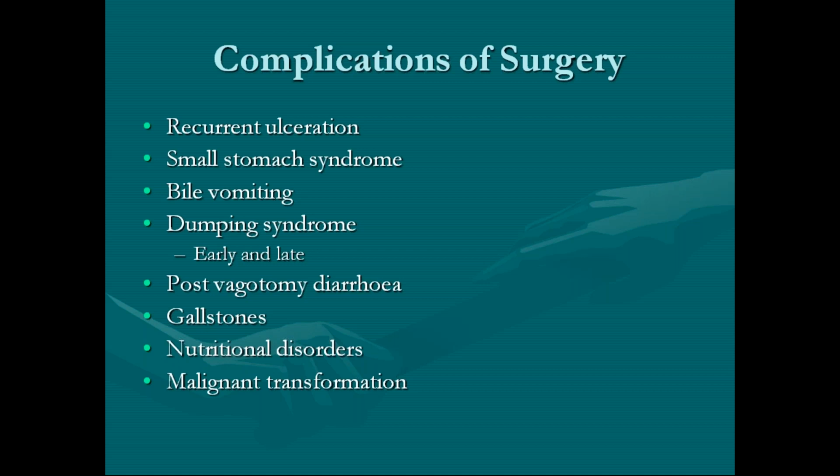Then coming to malignant transformation. Gastric ulcers have more potential to transform into malignancies, right? They usually have a 4% higher tendency than the normal population to transform into malignancy. But the time lag between the ulcer or surgery and transformation is around 10 years.